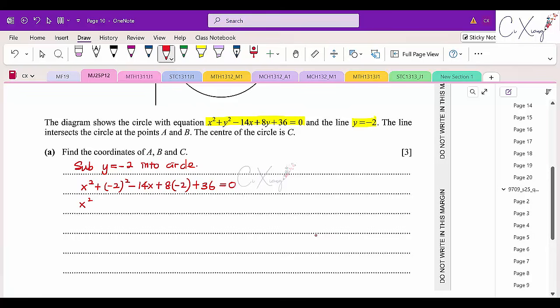Okay, then we try to simplify our equation here. When we simplify it, I'm having x squared minus 14x, then plus 4 minus 16 plus 36. So simplified, it should be getting 24, right?